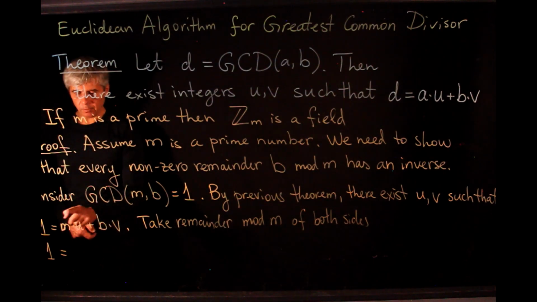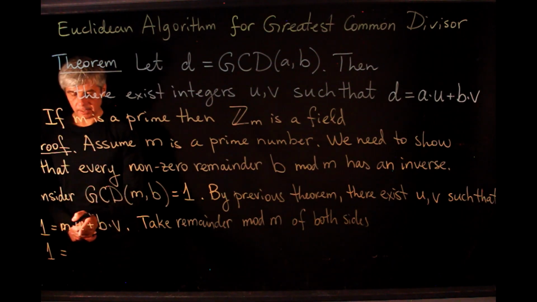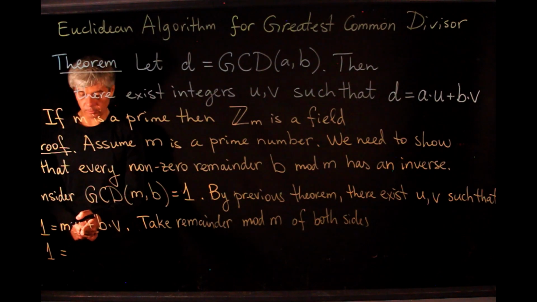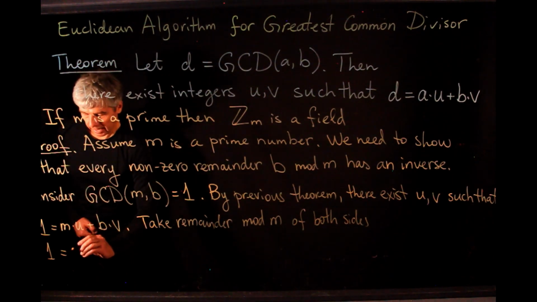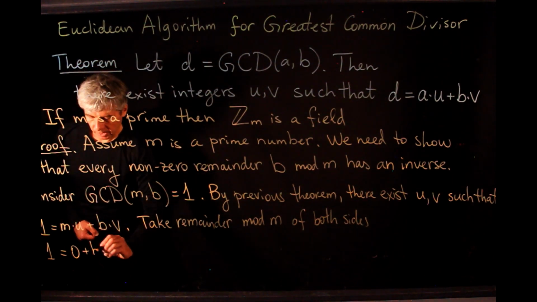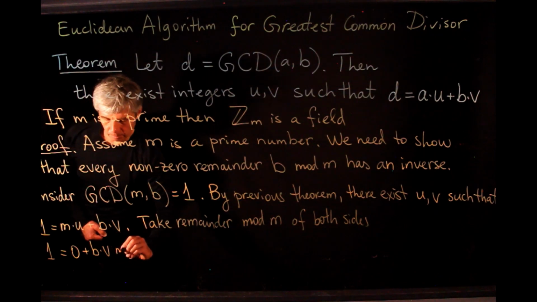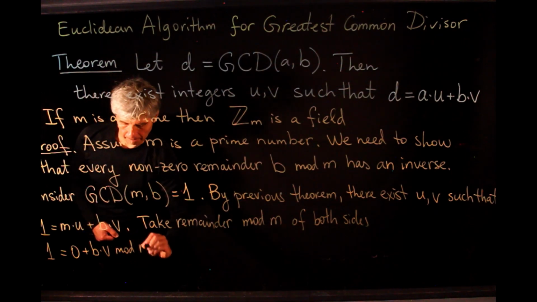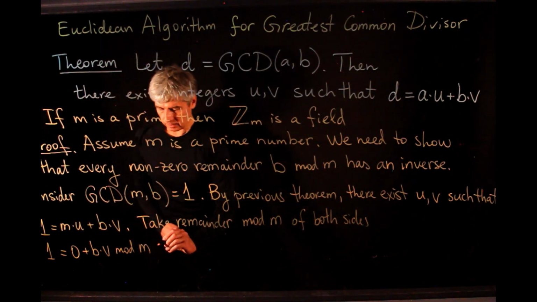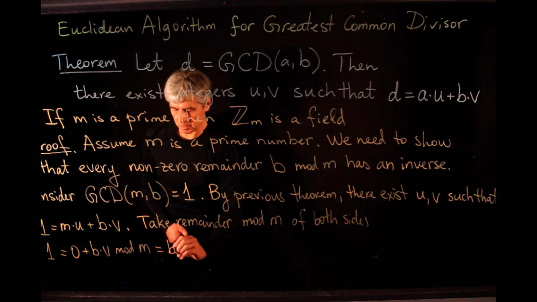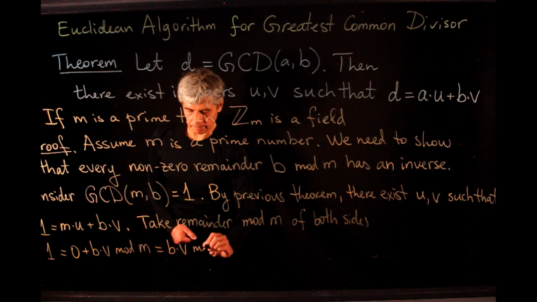Now here, the first term is a multiple of m. So this means that the remainder of m times u is equal to 0. And so then we have just b times v mod m.